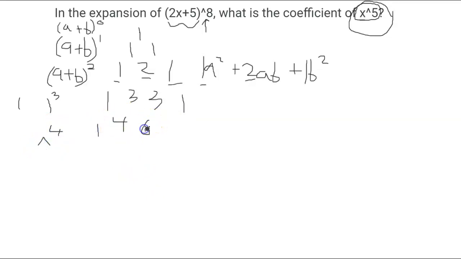So what I'm going to do is give you the concept for what's going on here. Let's take a look at that. This is in the a plus b to the 4th power row. Look at that coefficient 4. Now, where does that come from, right? What's the coefficient involved?